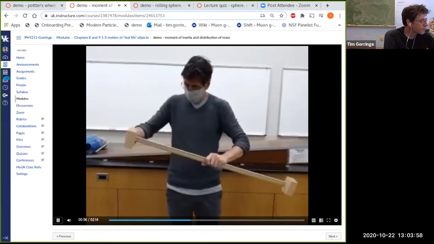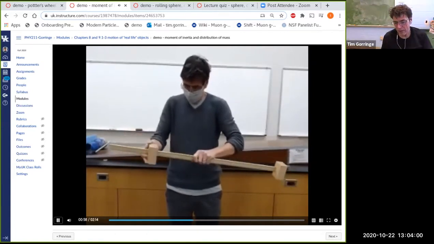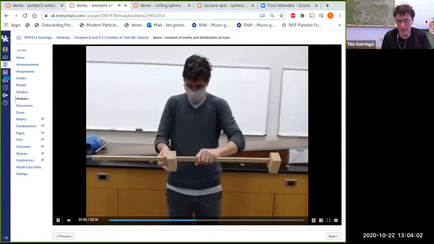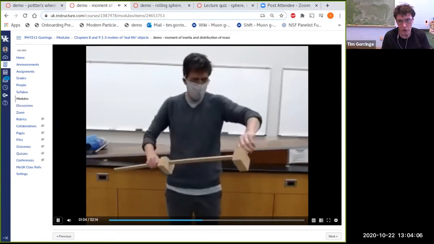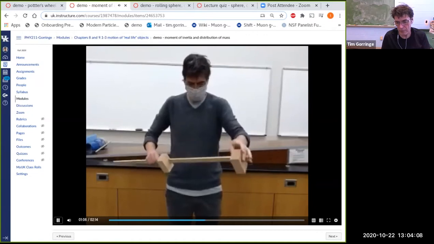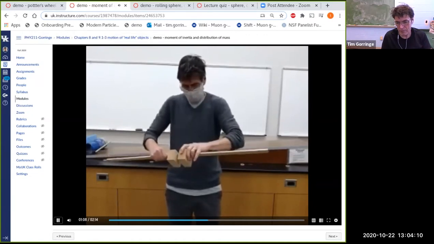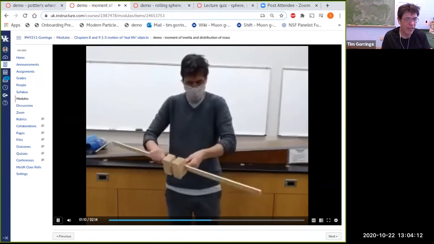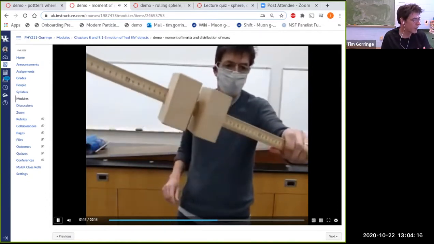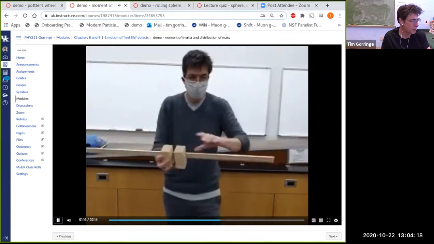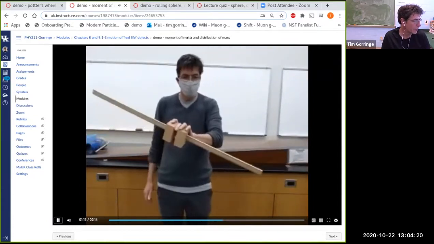Now I'm going to put the masses close to the axis of rotation. This is like the mouse and the elephant on the short string. And I'm going to again see how rapidly I can swing this object to and fro, which now has a much smaller moment of inertia.